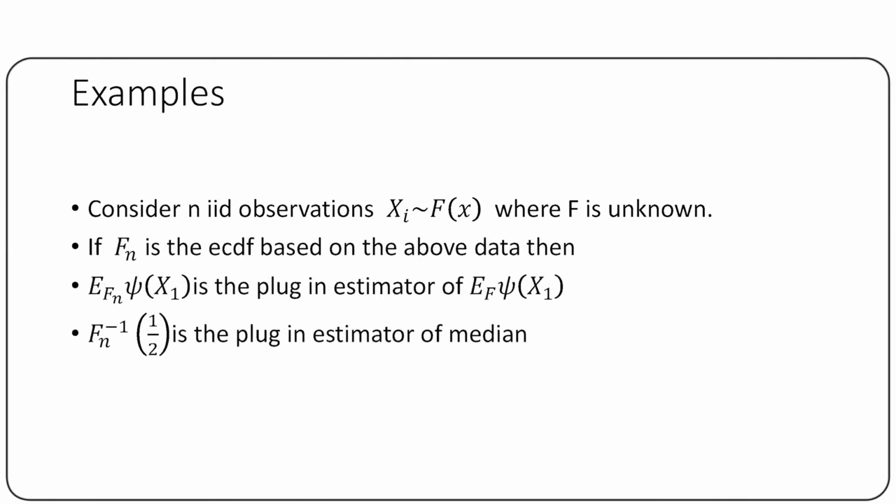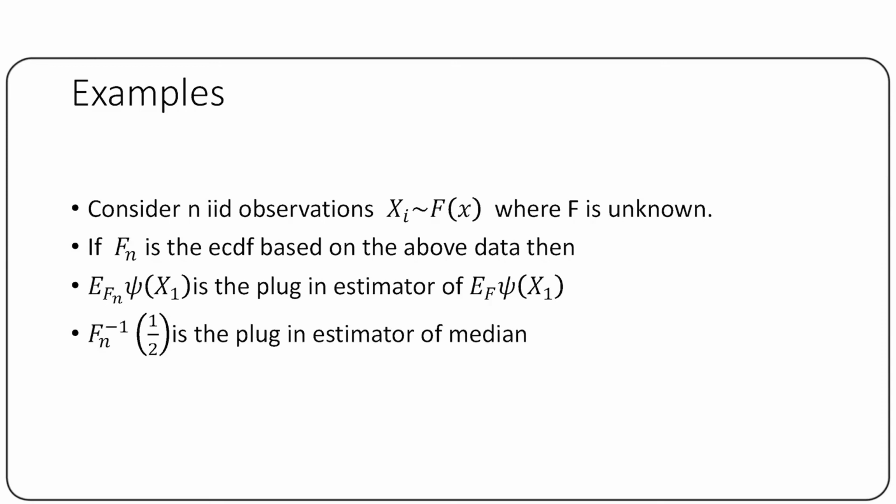Now, consider some examples of plug-in estimators. Suppose xi are IID observations and Fn is the empirical distribution function based on the sample. Therefore, theta Fn is the plug-in estimator corresponding to the functional theta f.